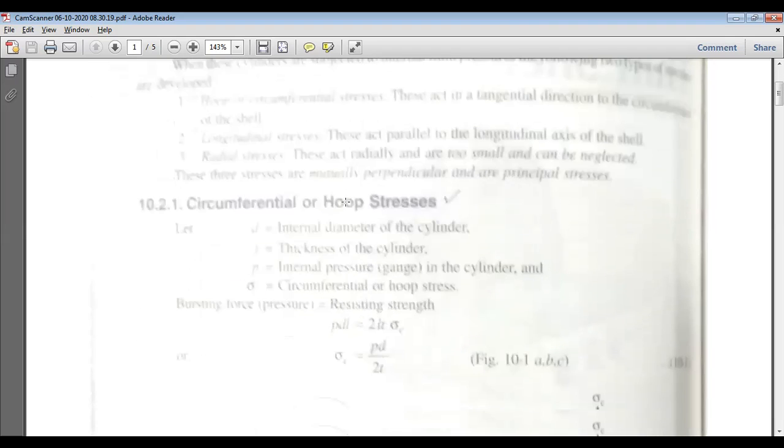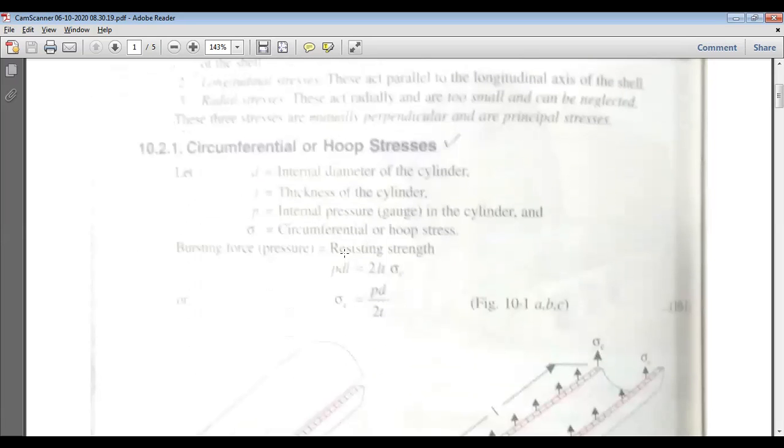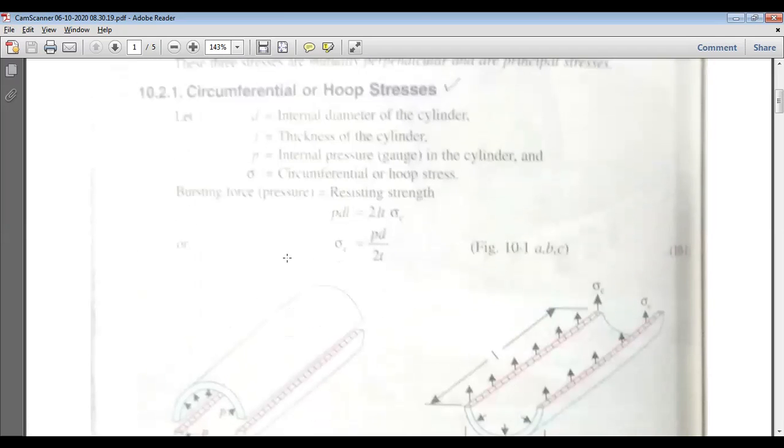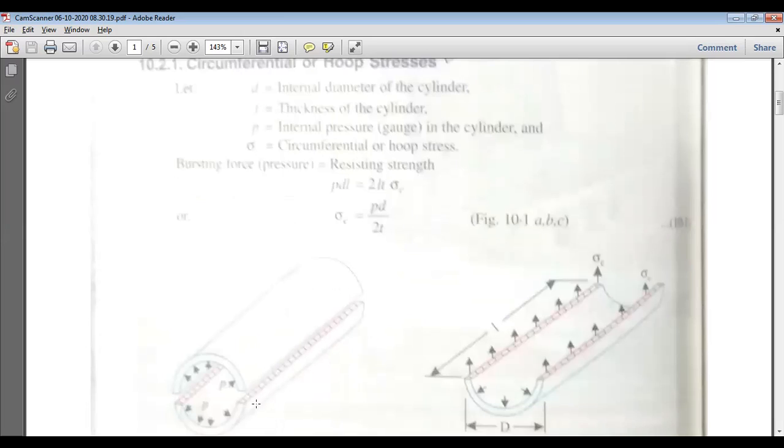Now we are defining circumferential or hoop stresses. We can see that this is the cylindrical shell or empty shell, and if it is subjected to stresses, the stress is developed all along the circumference.